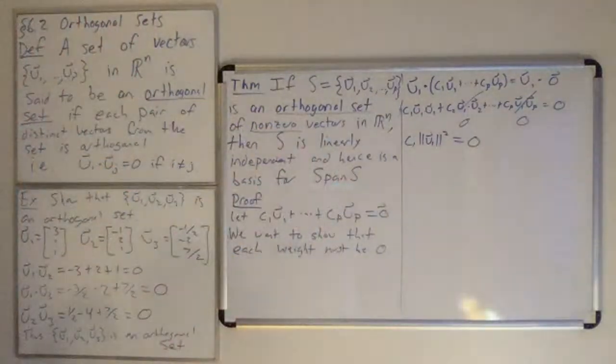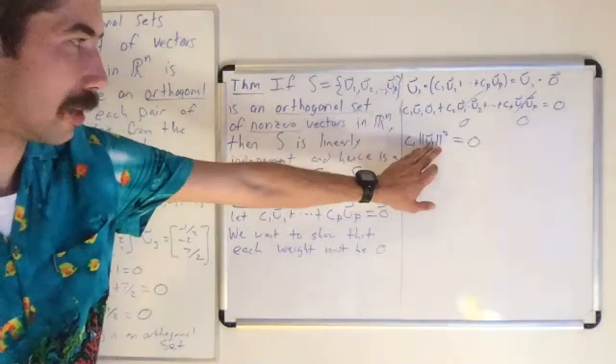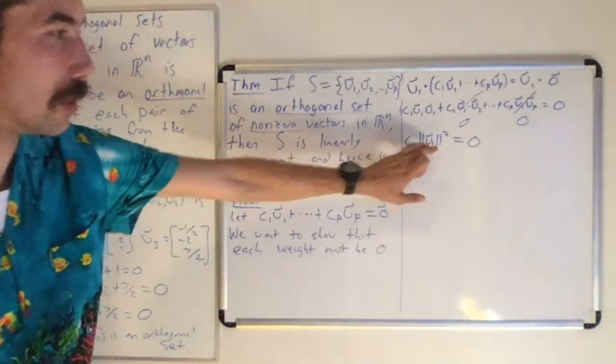So u1 is not the 0 vector, so its length is greater than 0.